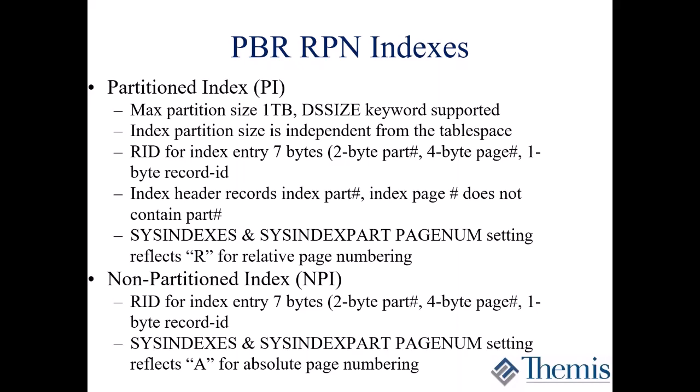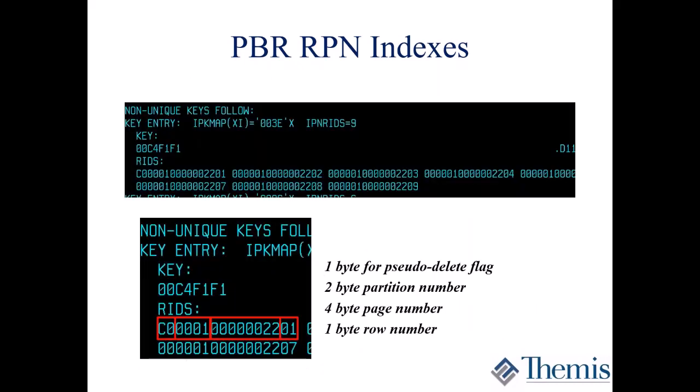For an NPI, same thing, 7-byte RID, where it keeps the partition number. That one, the page numbering scheme always represents absolute. Okay. Here I went out and did a DSN1 print of a partitioned index. I actually just did this morning in preparation for this.